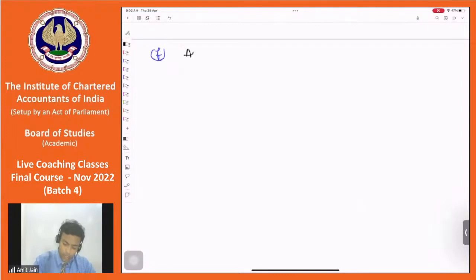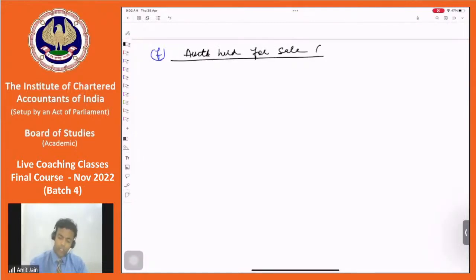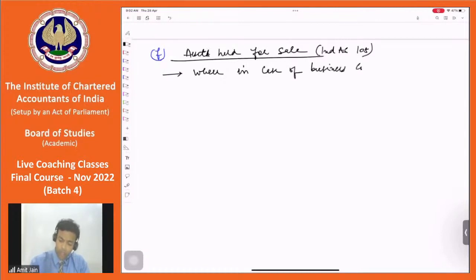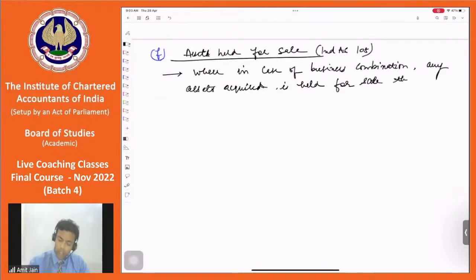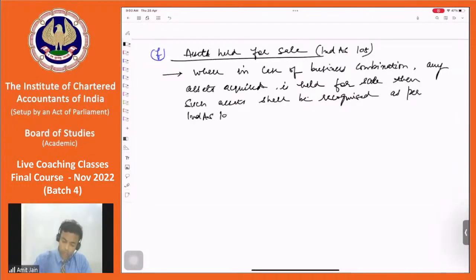Exception in respect of assets held for sale, which is Ind AS 105, where in case of any business combination, any assets acquired is held for sale, then such assets shall be recognized as per Ind AS 105.